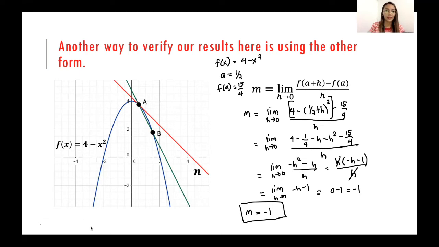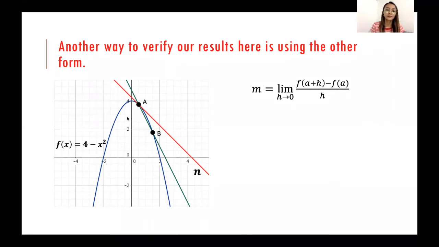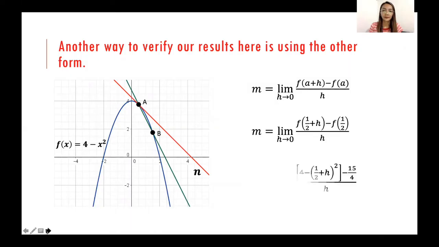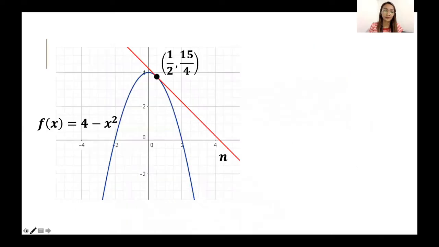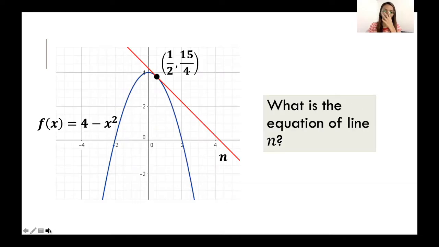Okay, so next, let's proceed to the next one. Okay. So now, how are we going to find the equation of line n? So nahanap na natin yung slope, which is m is equal to -1.